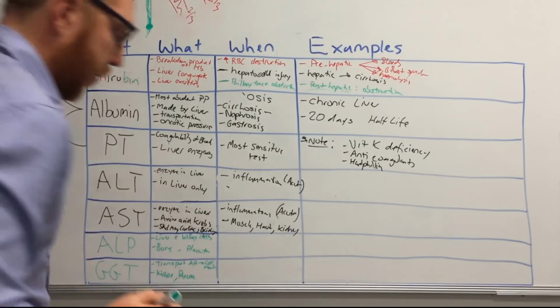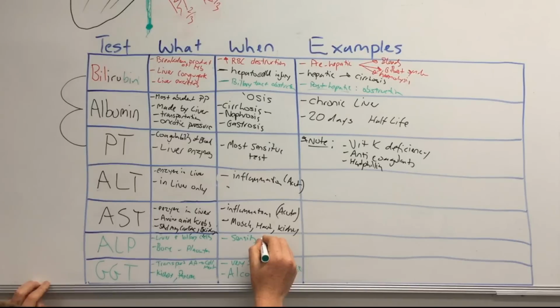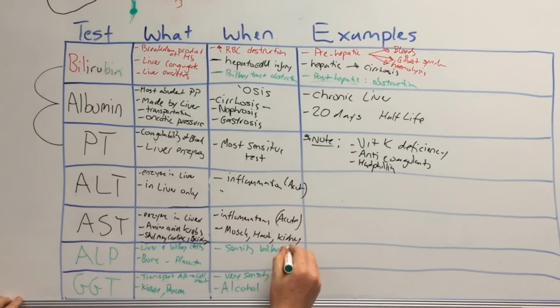It's also noteworthy in alcoholic liver conditions. That's important, but it's very sensitive but non-specific. And this one is very sensitive for biliary obstruction, but non-specific again.